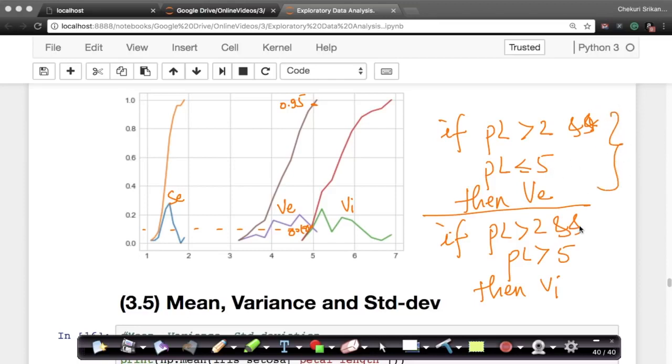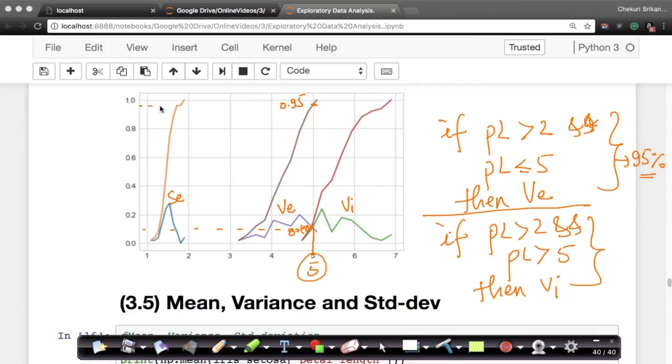Of course, these rules are not going to be perfect because these PDFs are intersecting. But when I write a rule like this, I'm going to be correct with versicolor 95% of the times. How did I say 95% here? Because if you look at the CDF plot for versicolor, at the intersection point, which is 5, take the point corresponding to 5 and check the CDF.